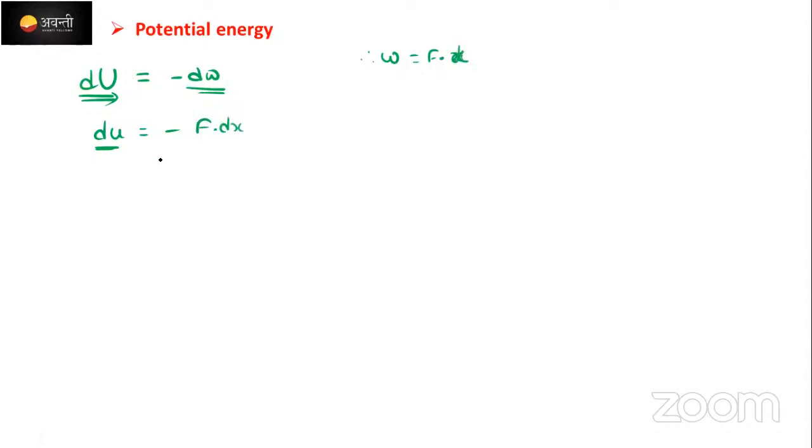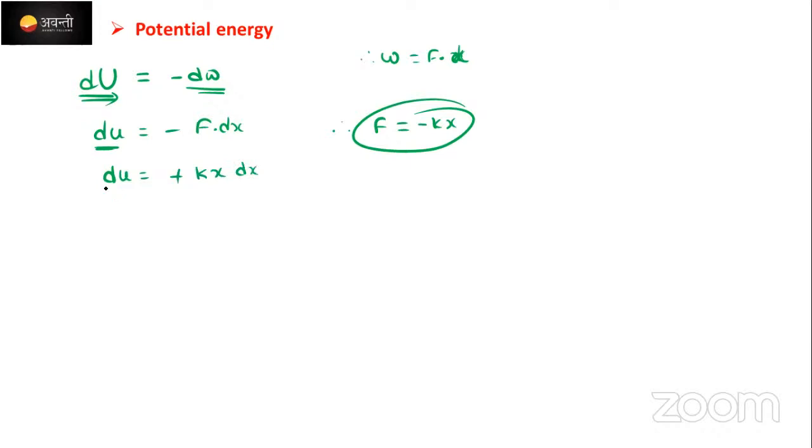Okay, no problem. Correct? Now look guys, F means restoring force. What is the equation for restoring force? Minus kx. Substitute this value here for F. Then the equation will become dU is equal to minus into minus, plus kx into dx.